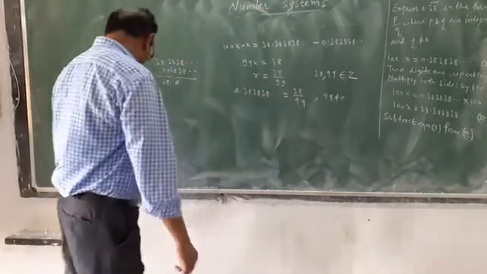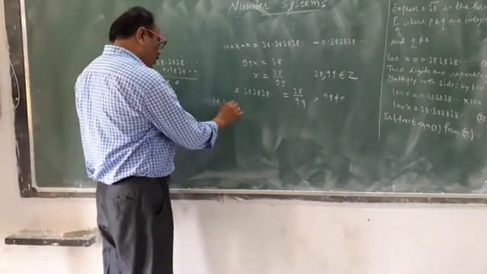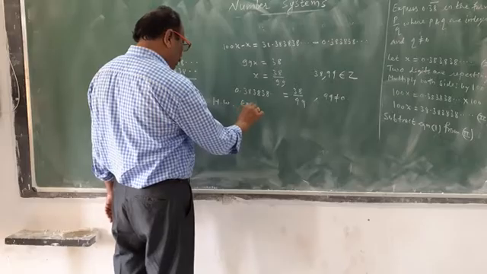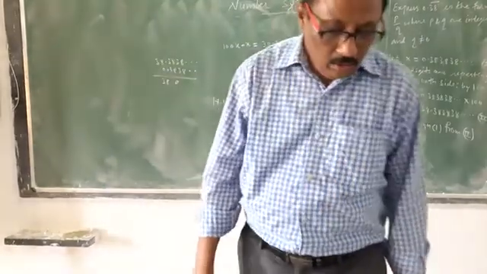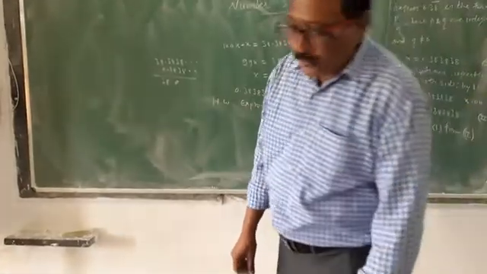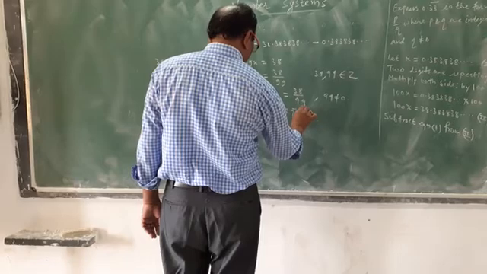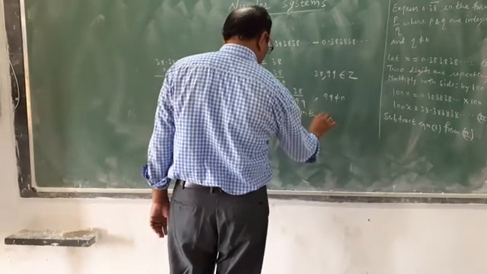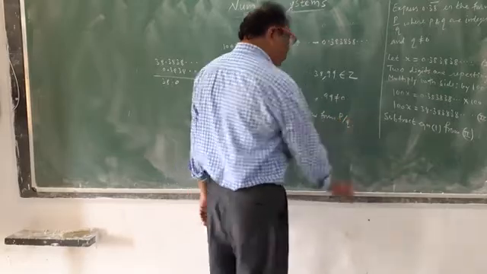Next, it is homework for you. Express 1.27 bar in the form P upon Q. What is P upon Q?